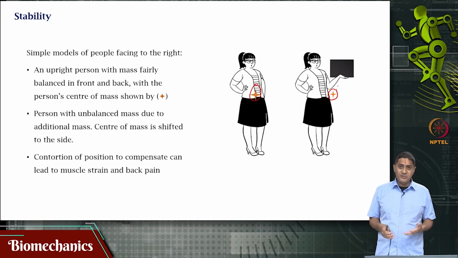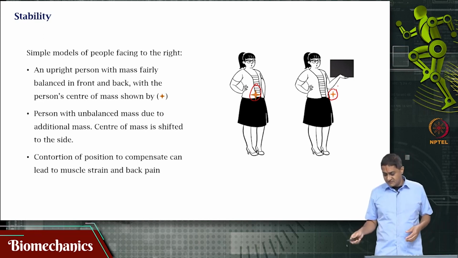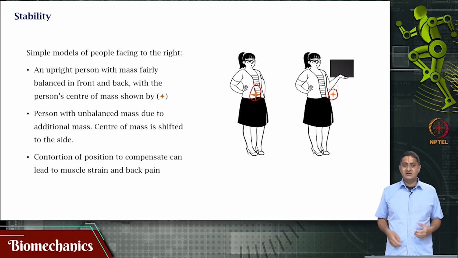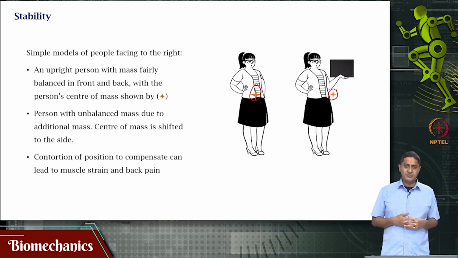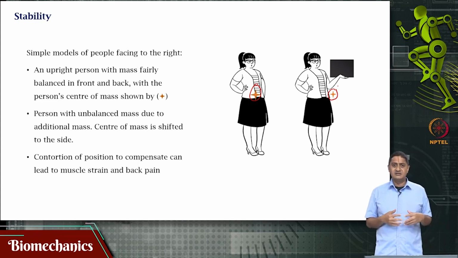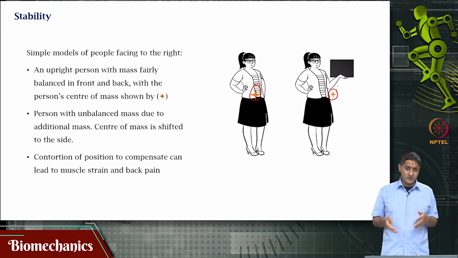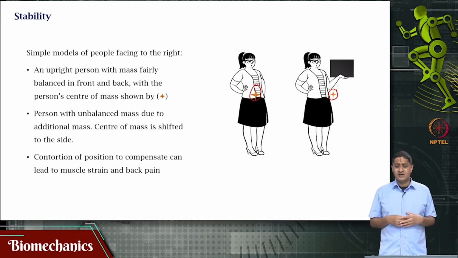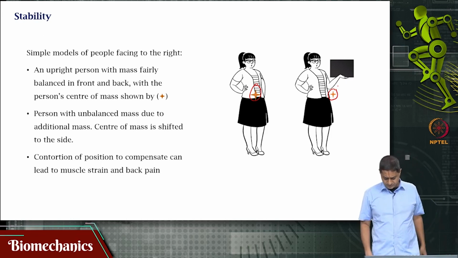These compensations can lead to other unwanted musculoskeletal problems. Here when you are lifting a weight in an uncomfortable position, compensatory mechanisms lead to the development of musculoskeletal disorders, or poor workplace ergonomics, mechanics, right.